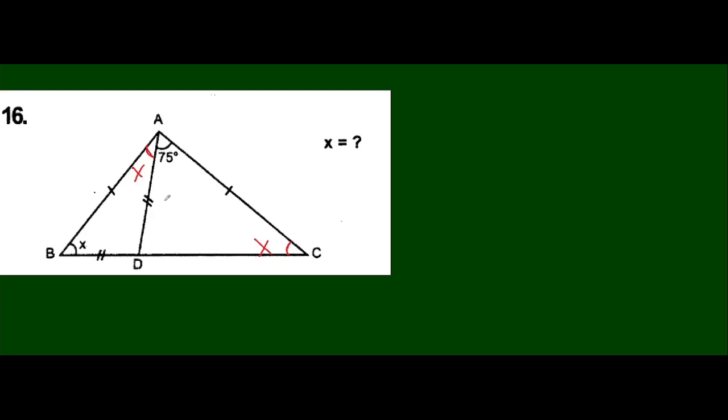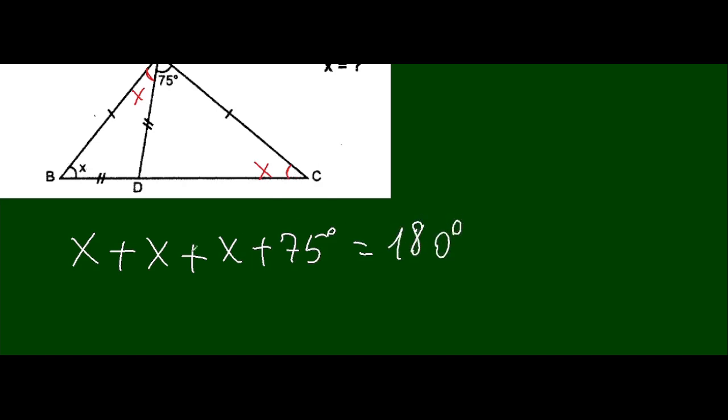So from the sum of the interior angles of the triangle ABC, it will equal x plus 75, here x, B angle and C angle, and A angle will be x plus 75, which will equal 180 degrees.